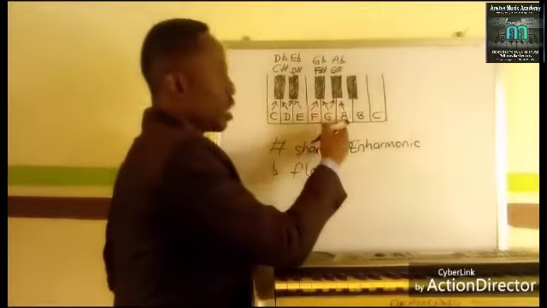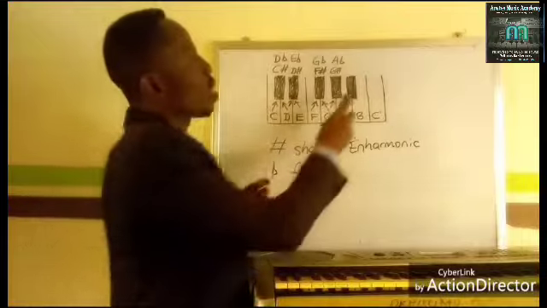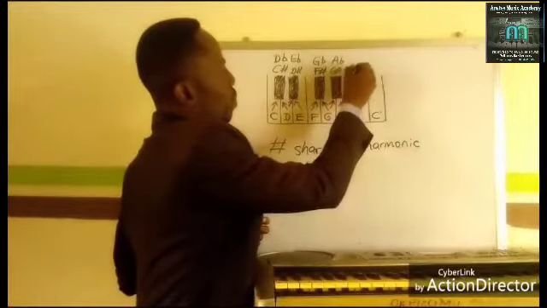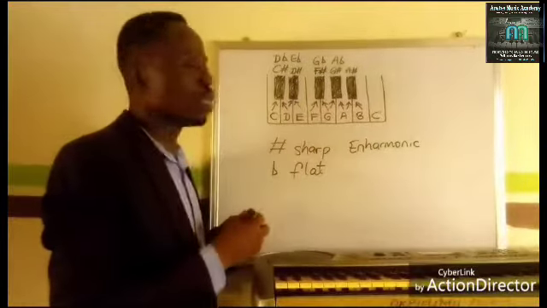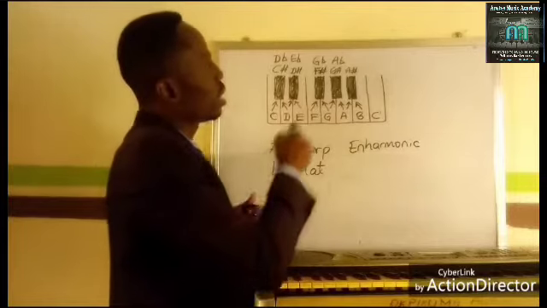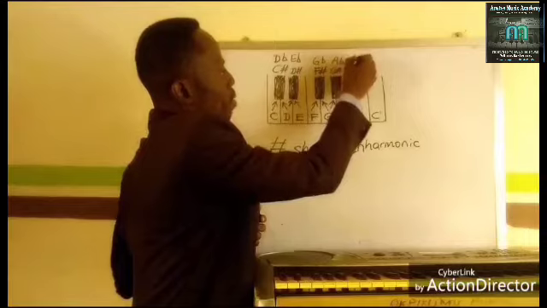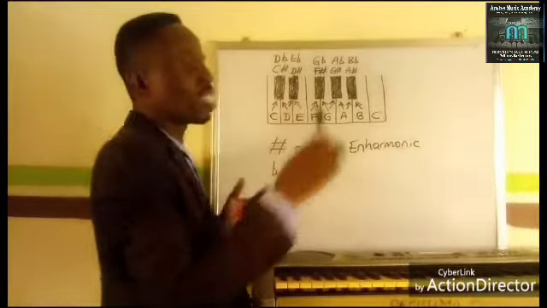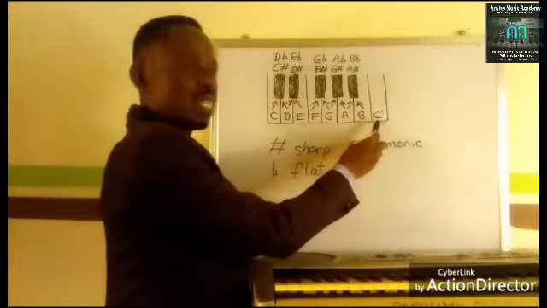And if I place a sharp on A, it will increase it by a semitone, moving it up here, and that gives us A sharp. By placing a flat on B, it will reduce B by a semitone, and then we land here, which gives us B flat. Take note also that there is a natural semitone occurring between B and C.